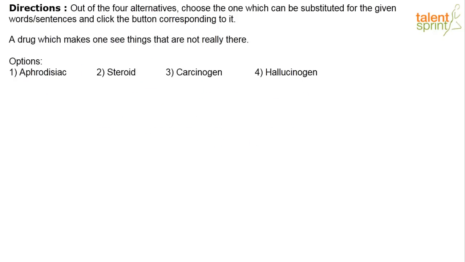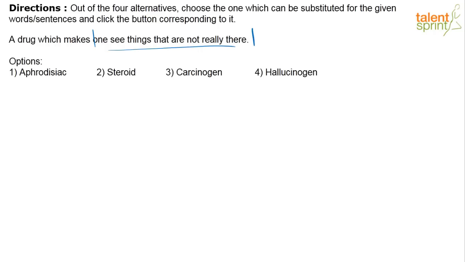Let's look at this. A drug which makes one see things that are not really there. Again, we're going to apply context clues. If you're seeing things that are not there, then what are you doing? You're imagining stuff, right? So from the options, can you relate to any word that means this?